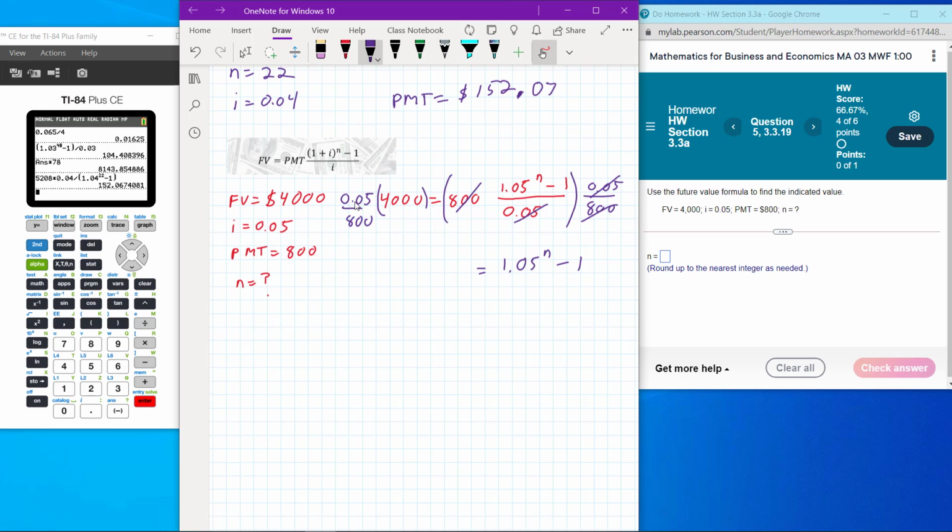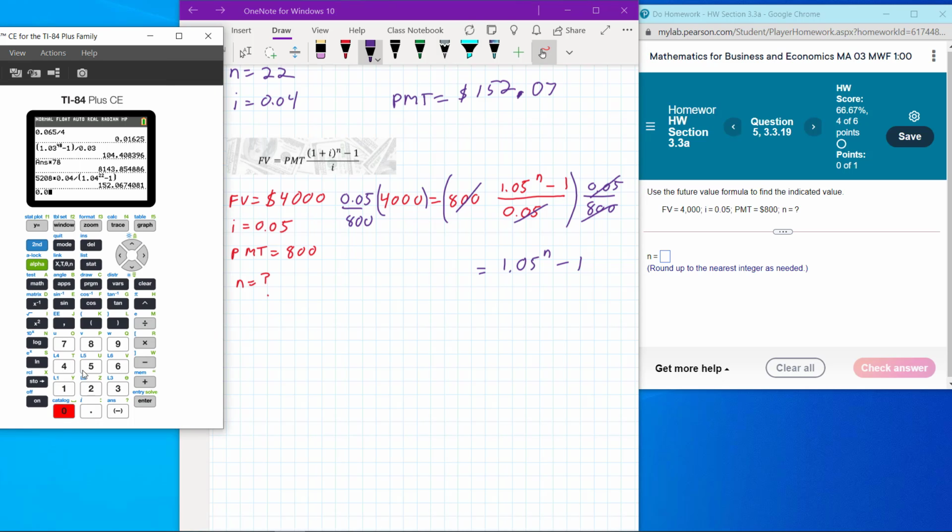Now over here we have 0.05 times 4,000 divided by 800. Let's see what that is. 0.05 times 4,000, divided by 800. That happens to be equal to 0.25.